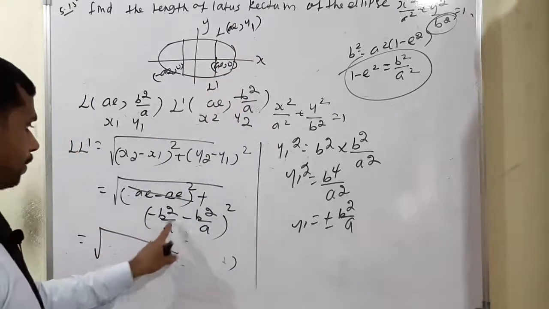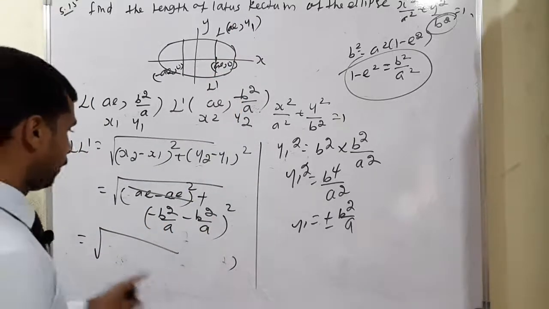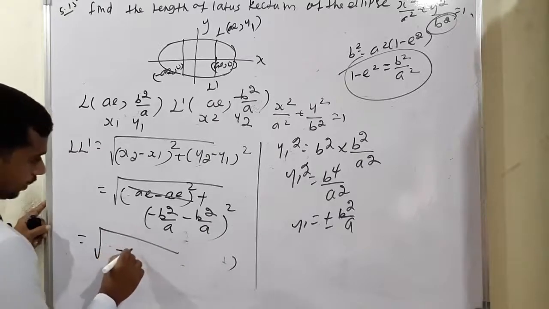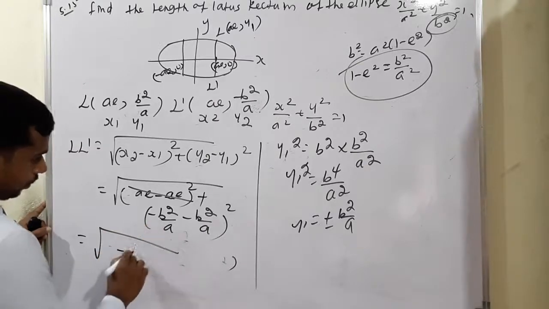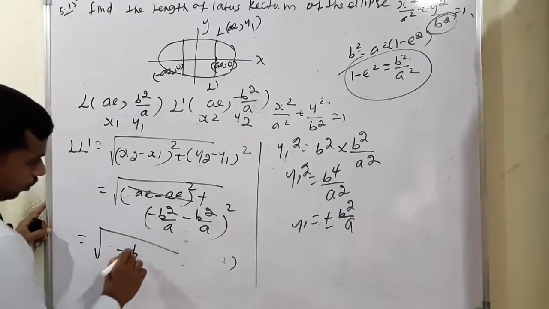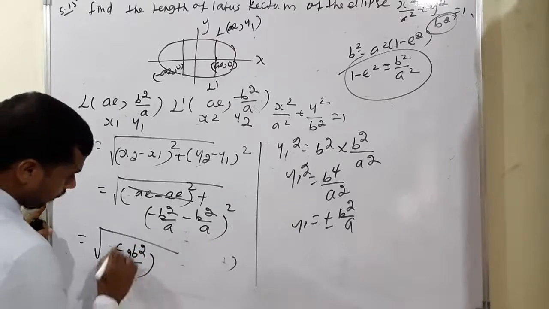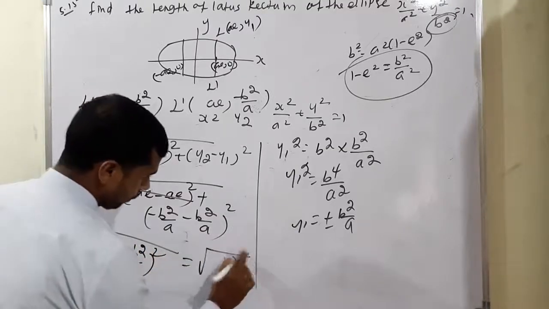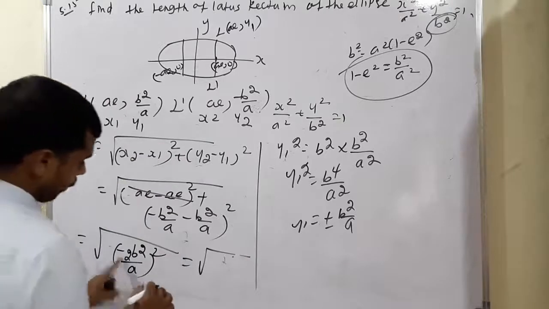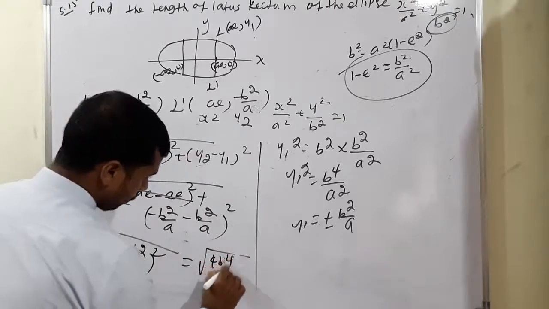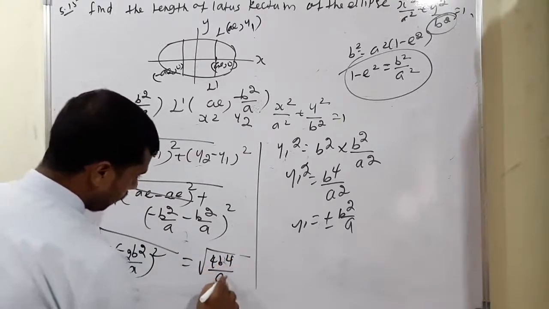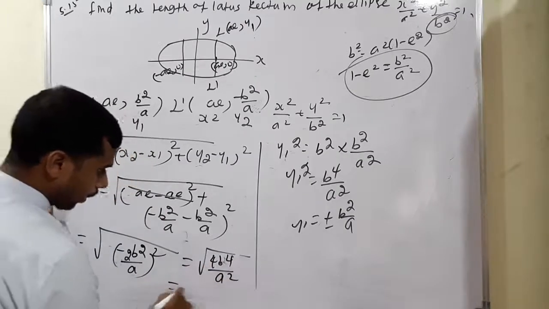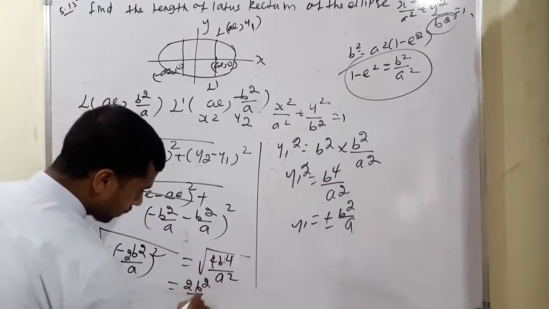Now negative b square by a and negative b square by a, this is called negative 2b square divided by a the whole square, isn't it? Therefore 4 b power 4 divided by a square. If you remove the square root, it means 2b square by a.